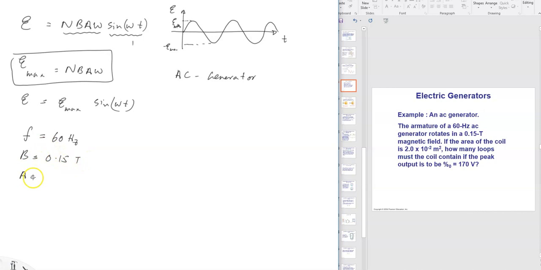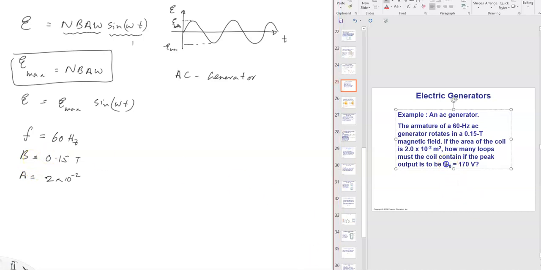Area of the coil 2 times 10 to the negative 2. How many loops do we need if the peak output is to be 170 volts? Let's just say we want the peak to be 170.